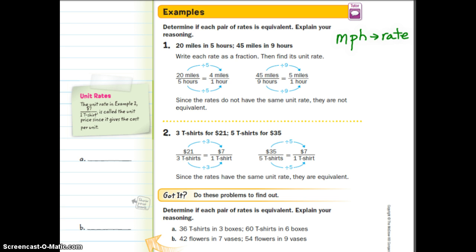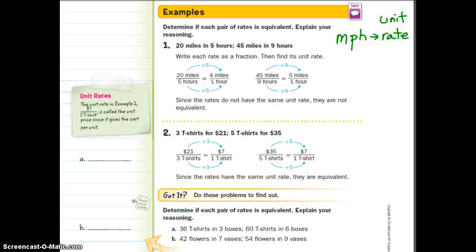More importantly, when I say miles per hour, I know that this is a unit rate. So we're now going to compare 20 miles, 5 hours, and 45 miles in 9 hours. So we know that 20 and 5 have a relationship.